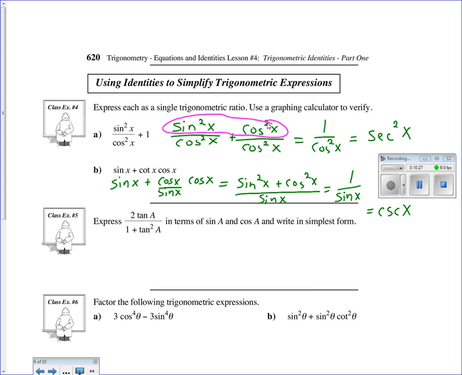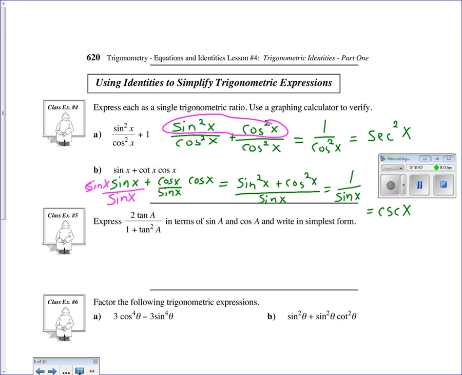I wasn't sure my path would work on B. Suggestion, write everything in terms of sine and cosine. So cotan turned into cos over sine. That's a quotient identity that you have on your formula sheet. I made a common denominator for my fraction, so I multiplied sine x by sine x so that I could have a common denominator.